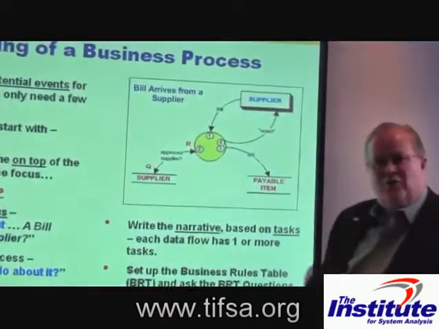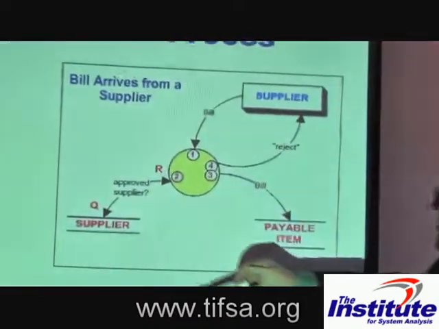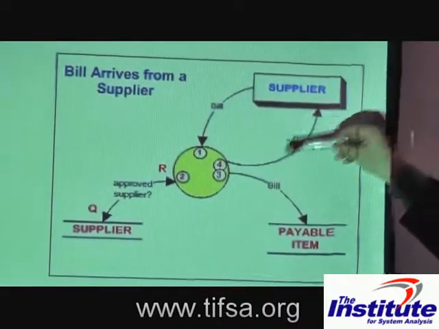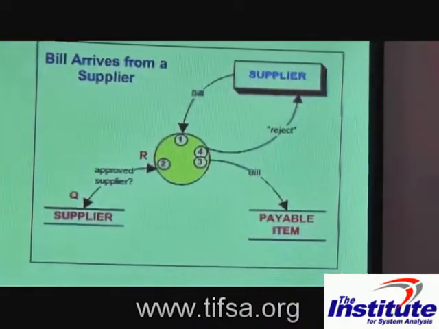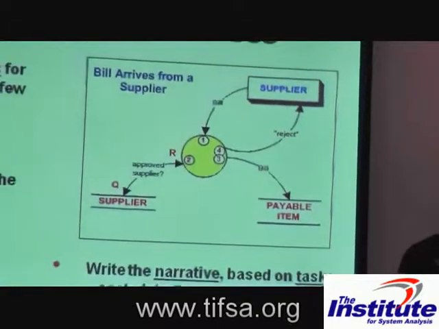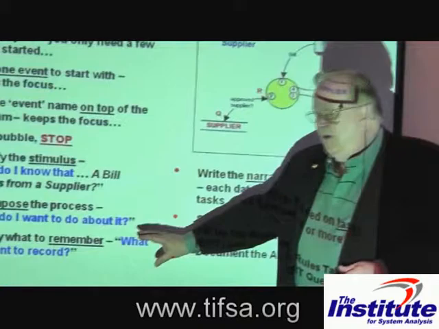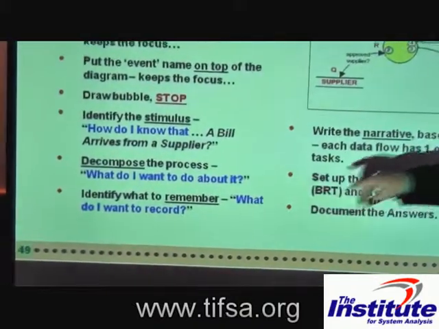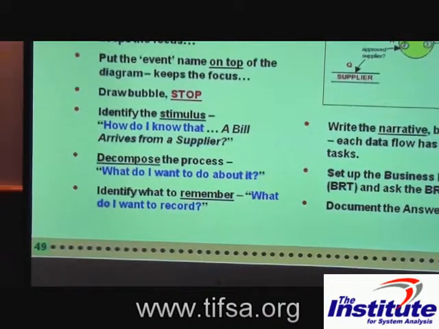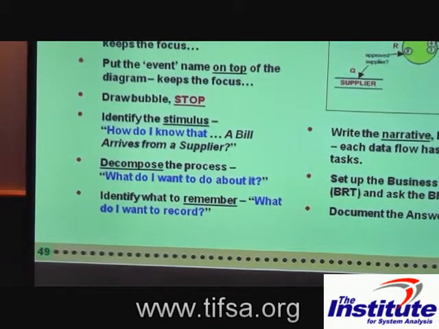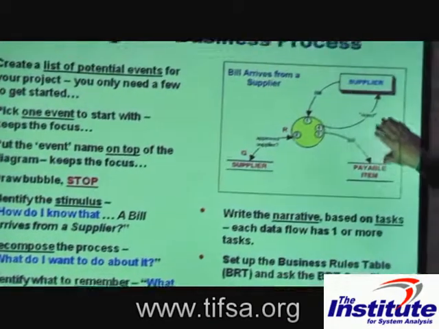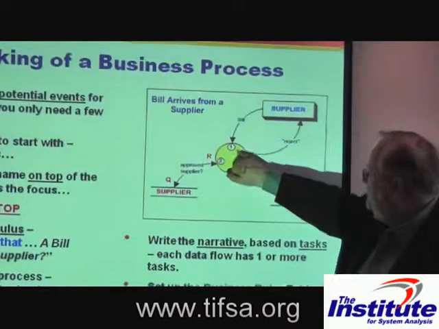You can see if it's an accredited supplier from us with a query response. And you can reject it if it's not. You keep track of the bill if it is. And the third question is, what do I want to keep track of or report? Well, I want to keep track of the bill. And we've already done that, so we've got it all in this case here. So that means you now have this diagram minus these numbers.